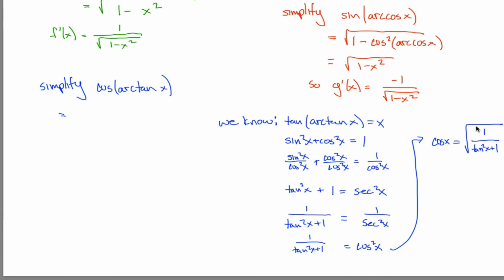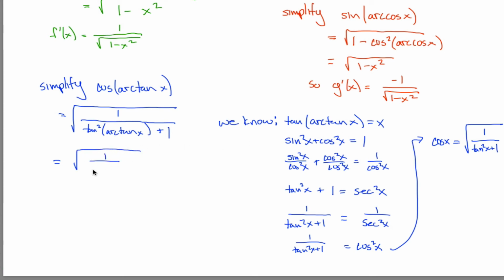So instead of it being equal to the square root of 1 over tangent squared x plus 1, it'll be equal to the square root of 1 divided by tangent squared of arctangent of x plus 1. And I can simplify that because tangent of arctangent is just x. So this is the square root of 1 over x squared plus 1. So the cosine of the arctangent of x is this guy right here.